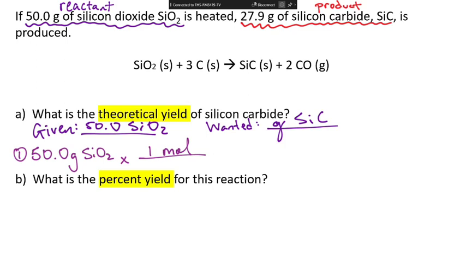I got 60.09. That's about 0.832. I need to keep at least 3 sig figs, I might keep a 4th. Actually, I'll just keep all the digits in my calculator.